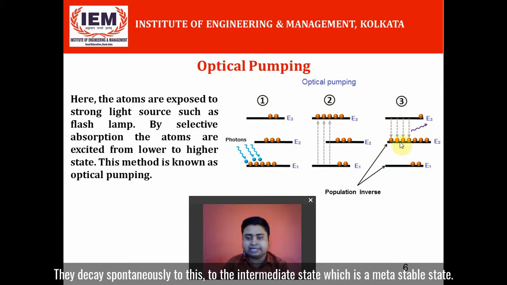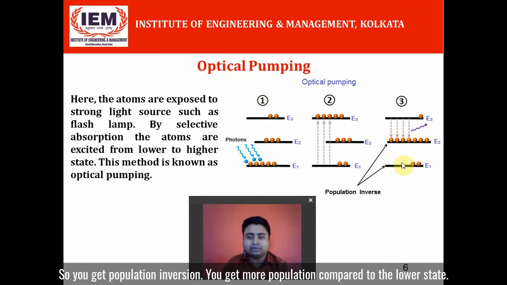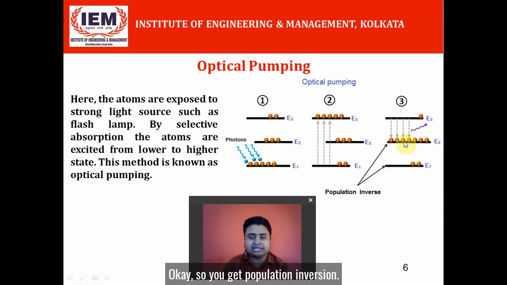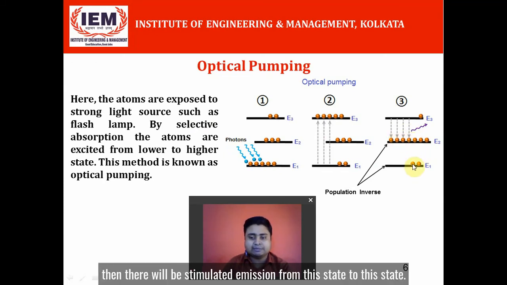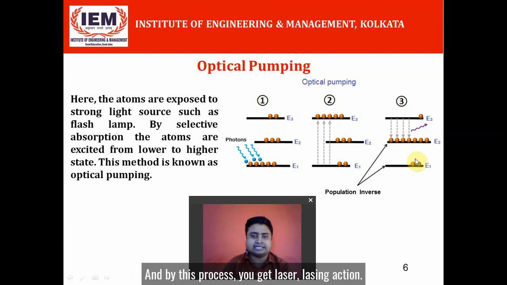Then they decay spontaneously to the intermediate state, which is a metastable state. So you get population inversion. You get more population compared to the lower state. Then there will be stimulated emission from this state to this state, and by this process you get lasing action.